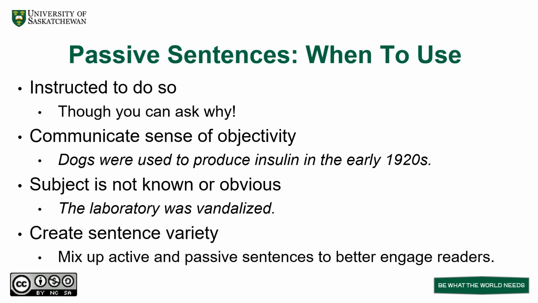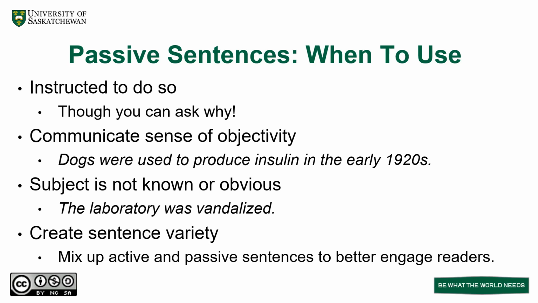So writing something like, dogs were used to produce insulin in the early 1920s, as opposed to stating how dogs were sort of set up as these experimental subjects, basically.